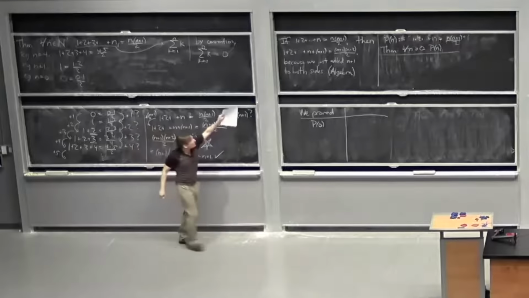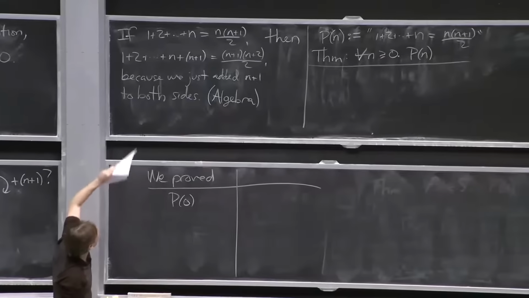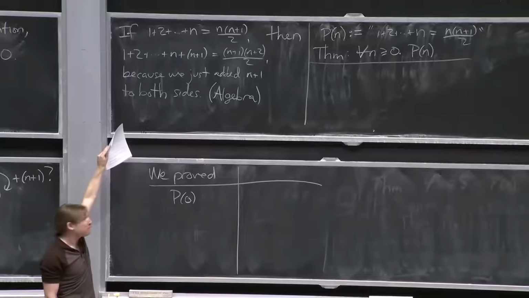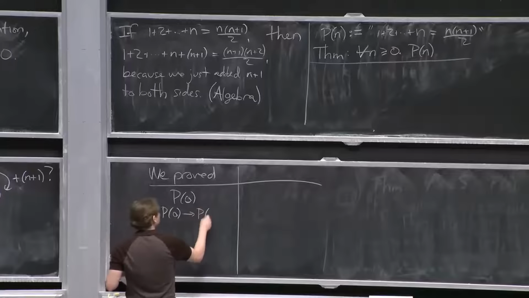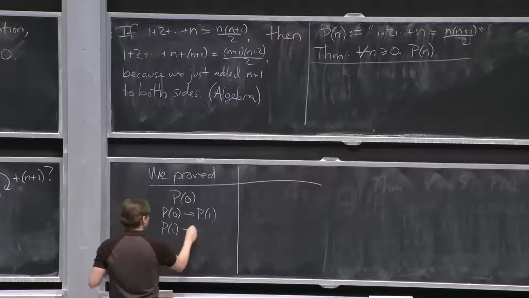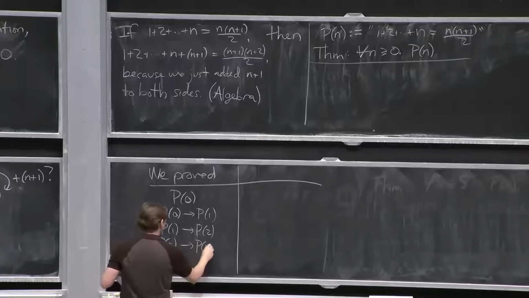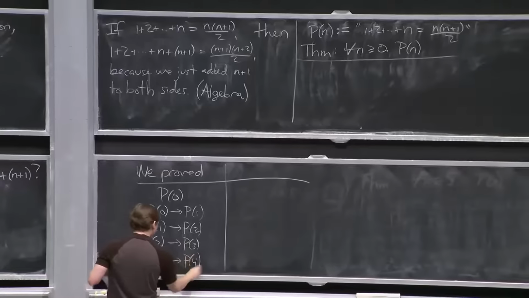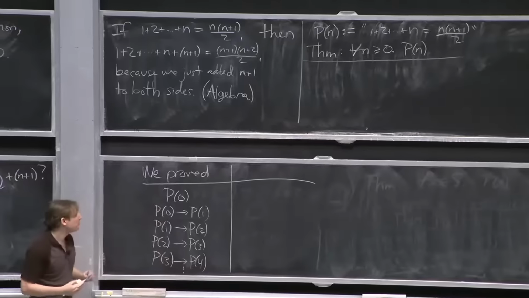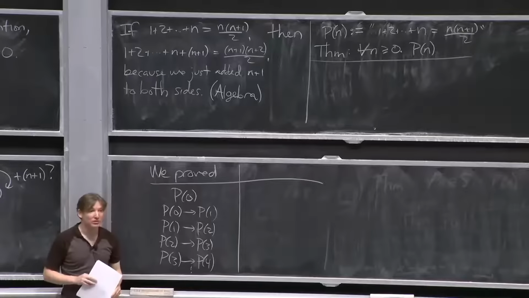And then these statements up here, what that's saying is that P of n implies P of n plus 1. So we proved P0 implies P1. We proved P1 implies P2. P2 implies P3. P3, I'll stop, I promise, implies P4, and all the way down. This is what we really accomplished on these last couple boards.